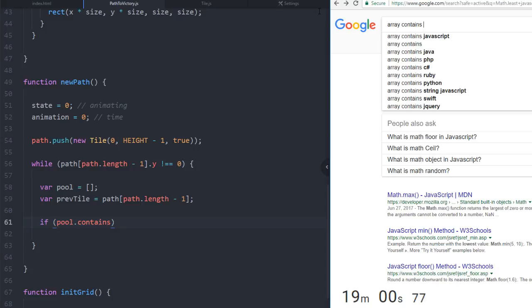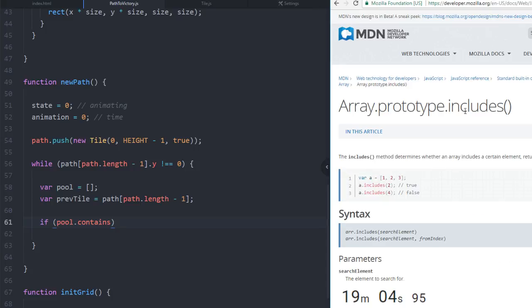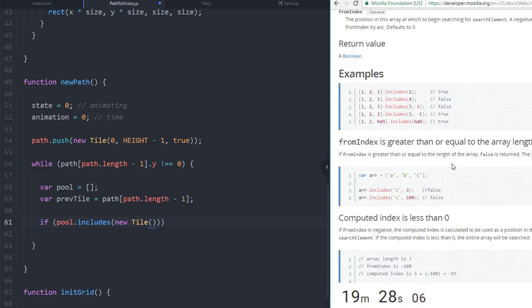Array contains JavaScript. Okay, it's includes. New tile. What we need to do is check for it. So we say new tile. Can I do this on an object? I hope I can do this on an object.